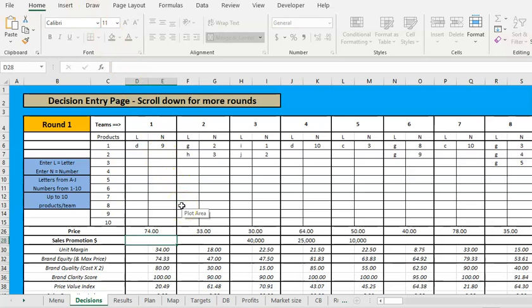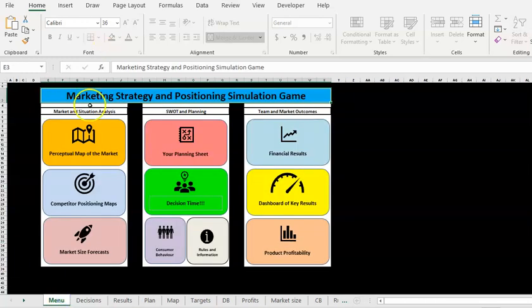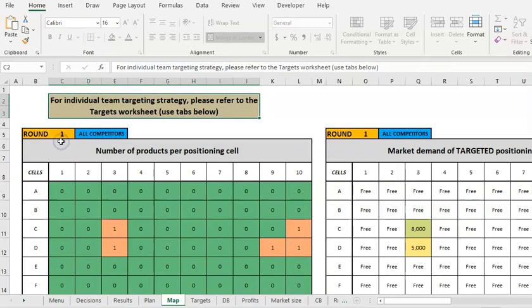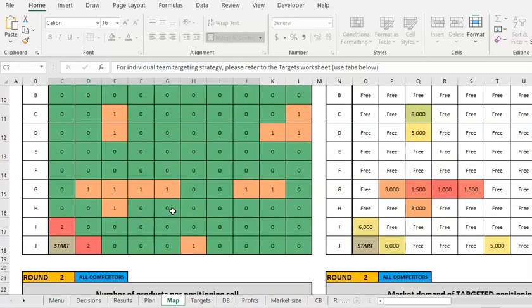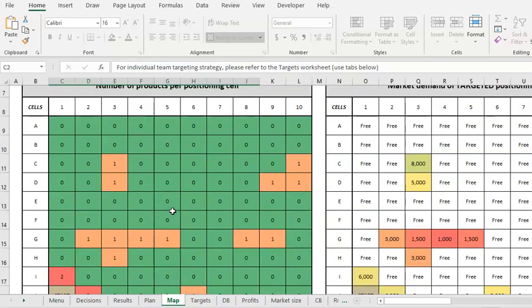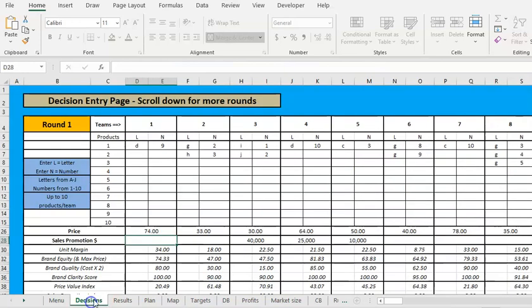Okay, so with those decisions sitting there, I've just made them up. I'll go back to show you what the students will see. This one here, Perceptual Map of the market, shows where every competitor is. So over here we've gone into D9, for example.